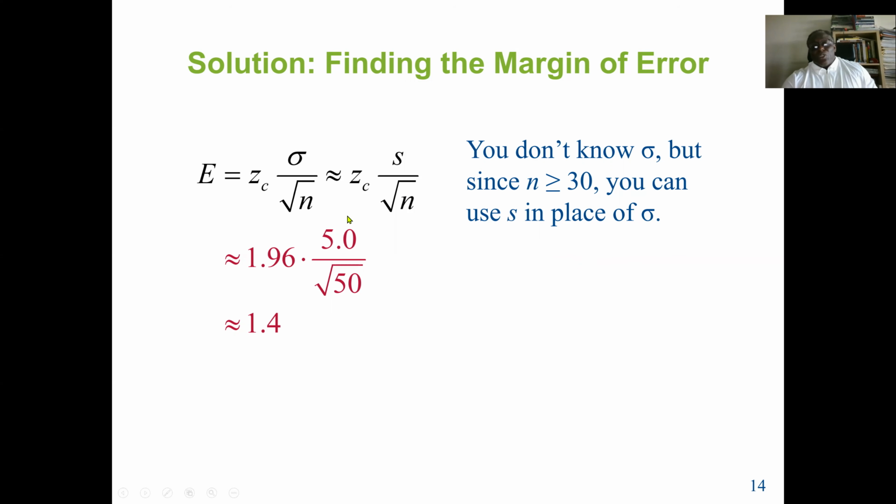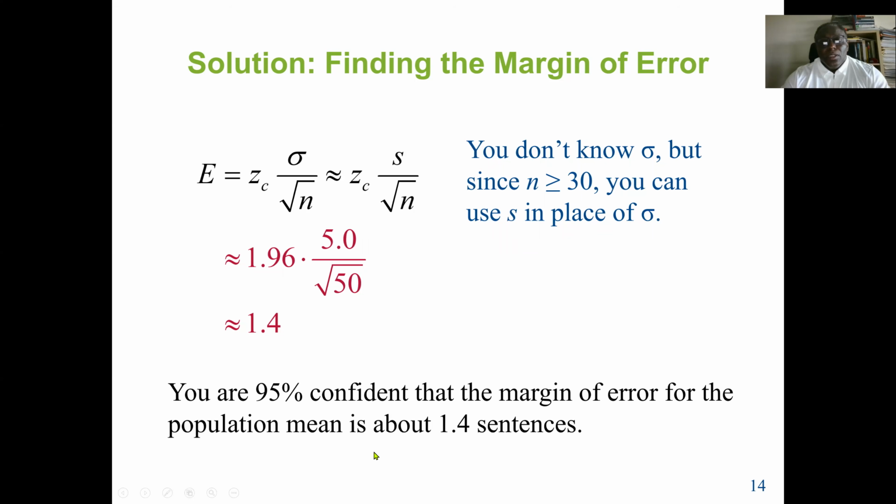The standard deviation was given to us to be 5.0, and again, the sample size is 50. So if we solve this problem using a calculator, we get 1.4. So we say we are 95% confident that the margin of error for the population mean is about 1.4 sentences.